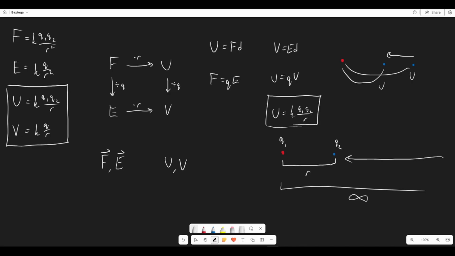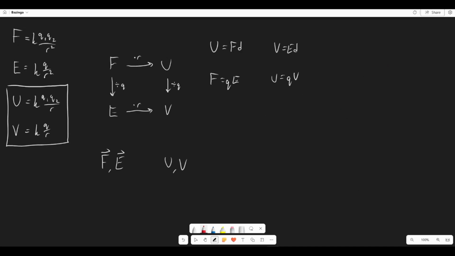But if you get some problem that states how much energy will be required to bring this particle from infinity to some distance r, then you will need to know this more inherent definition of potential energy in order to realize what the value will be. Equivalently, you can say that the potential energy of the system at r equals infinity is 0. And you can also see that from the equation.